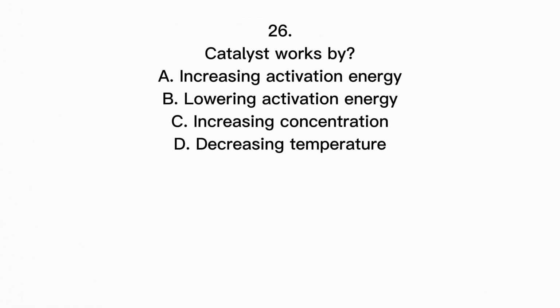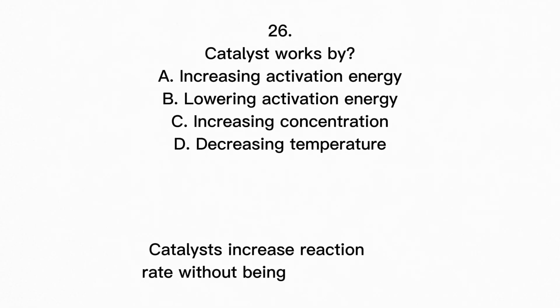Question 26. A catalyst works by A. Increasing activation energy, B. Lowering activation energy, C. Increasing concentration, D. Increasing temperature. Let's see the definition first. Catalysts increase reaction rate without being consumed.